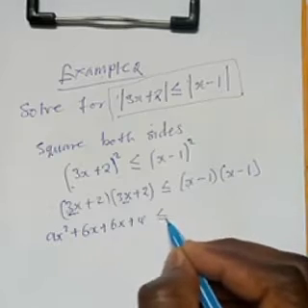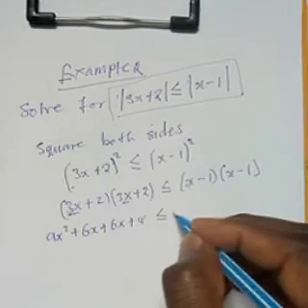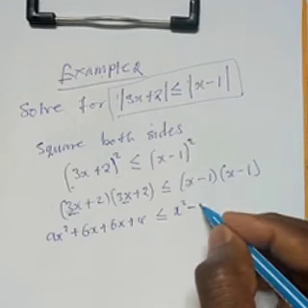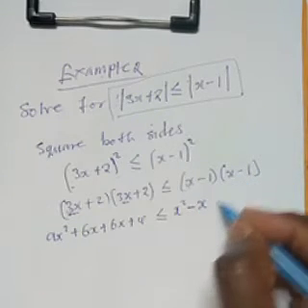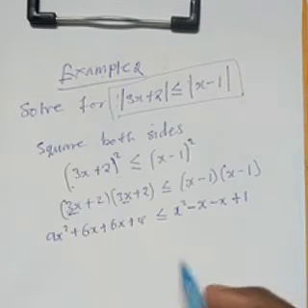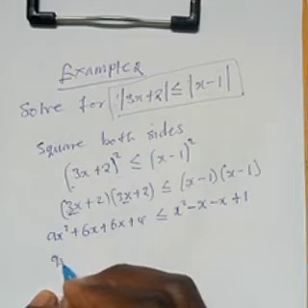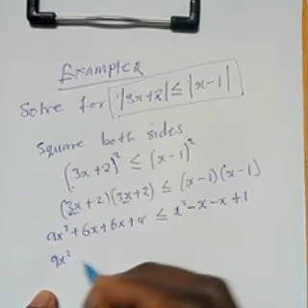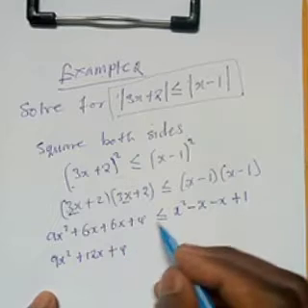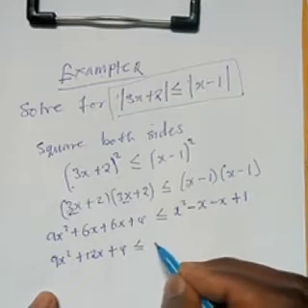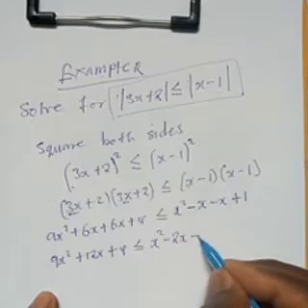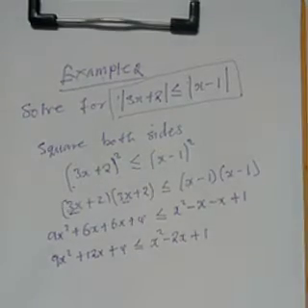Less than or equal to: this and that, I'll get x square, minus this and that, x, this and that, plus 1. So 9x square, plus 12x plus 4, less than or equal to x square minus 2x plus 1.